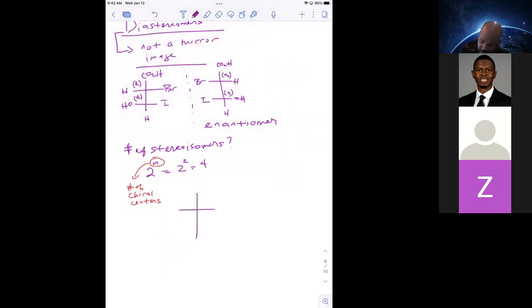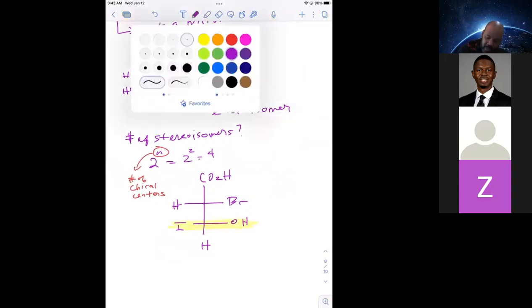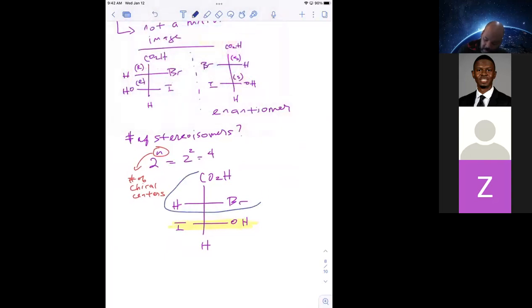I'm going to keep this one how it is, and on the bottom, I'm going to change that. Did you catch that? I changed this stereocenter right here, but I left the top one as is. So for a diastereomer, you're only changing one stereocenter. For the enantiomer, you have to change all of them.